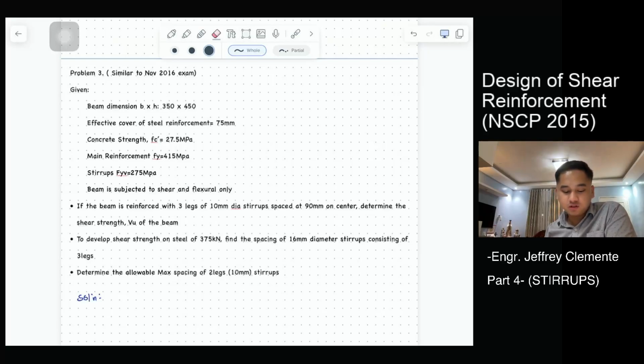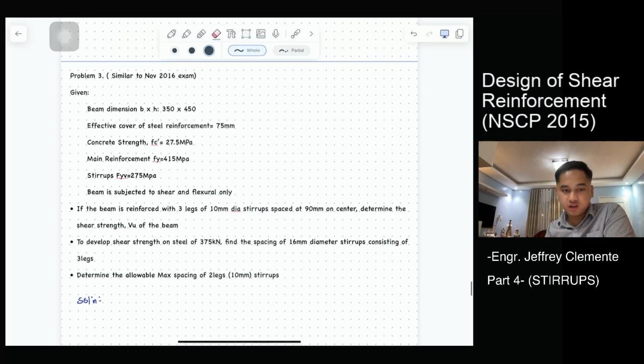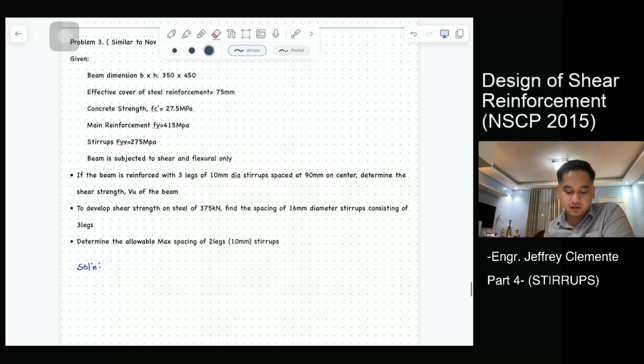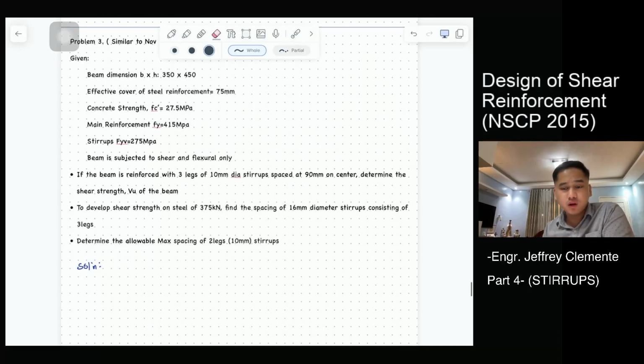So by the way, these first three problems natin is member subjected to shear and flexural only. Pag may axial na siya, that's for our next problem. So nothing will change. We just follow the typical solution sa mga recent video natin. I hope before you watch this part, you watch the first three parts, para mas maintindihan nyo to.